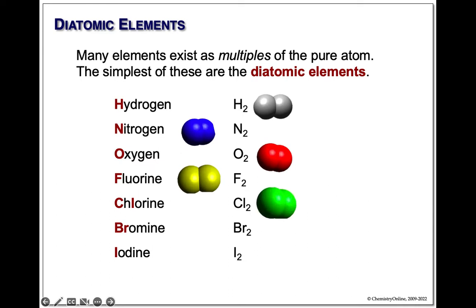Fluorine is actually kind of a yellowish color. Chlorine is green. Bromine is brown, iodine is purple. So when you're putting together molecular models, you try to come up with something that looks like the element.